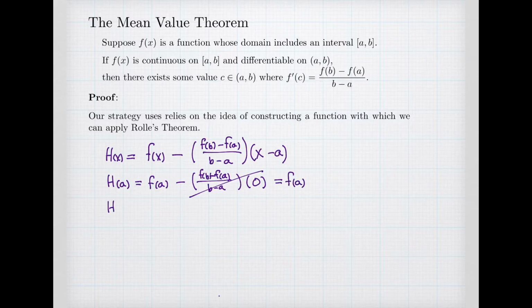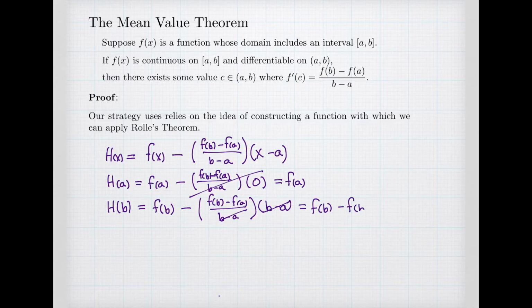H of b, what's that? H of b is f evaluated at b minus this slope, f of b minus f of a over b minus a, times x, which is b minus a. And this time, the denominator cancels b minus a, and I get f of b minus f of b minus, so that's plus f of a.